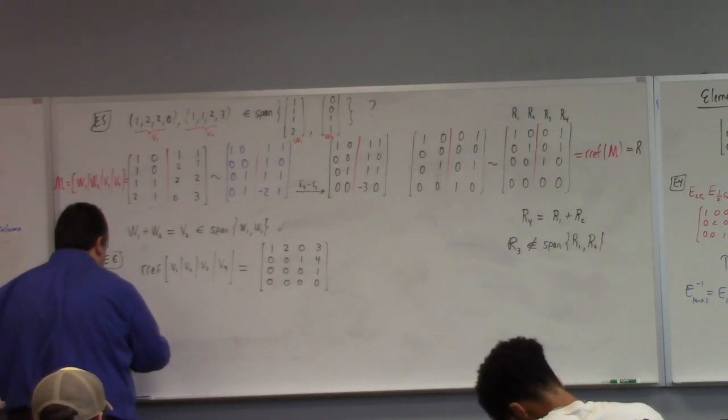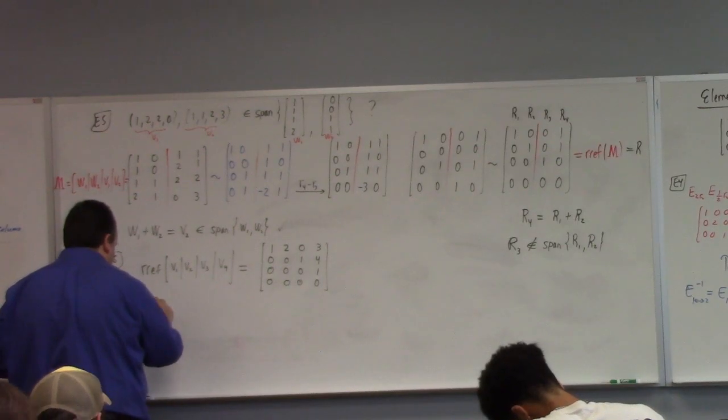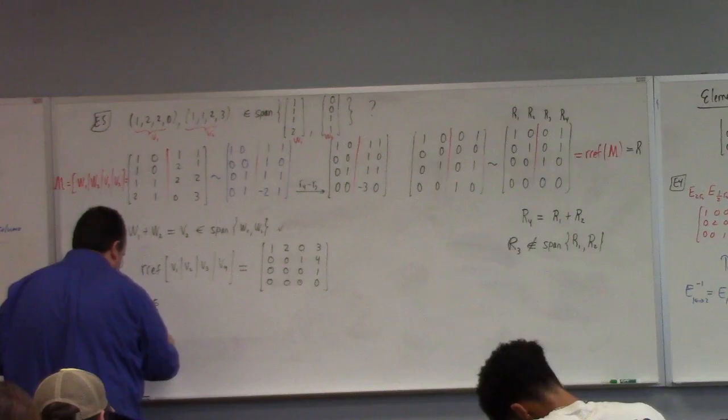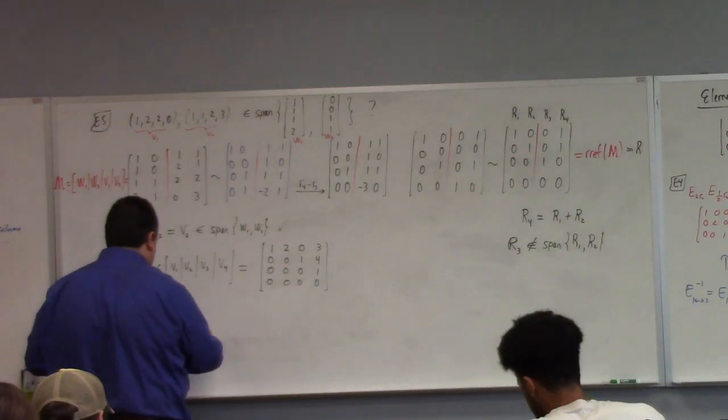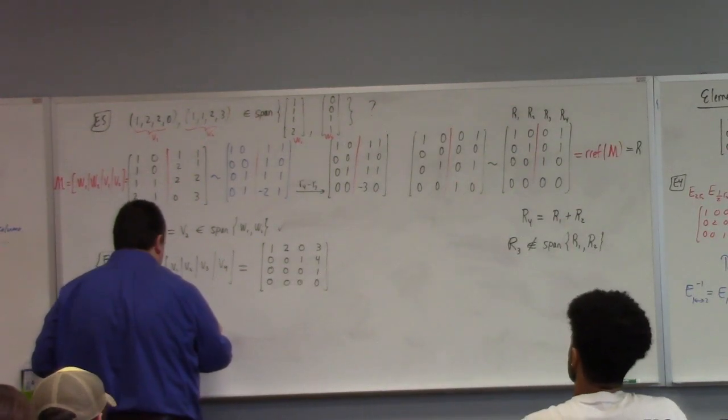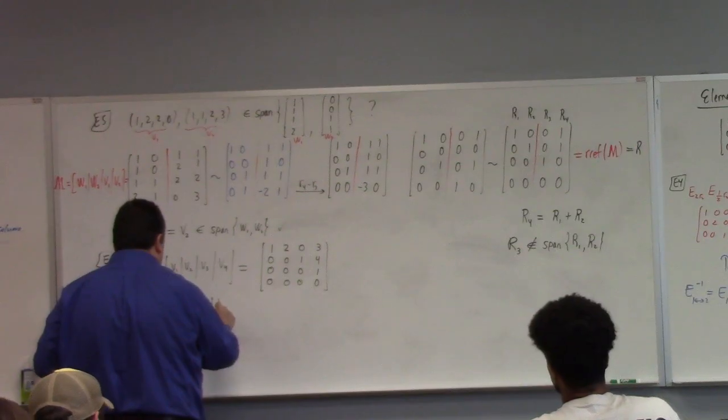And I tell you that V1 happens to be 6, 7, 6, 7. And I happen to also tell you that V3 is equal to 1, 1, 1, 1.